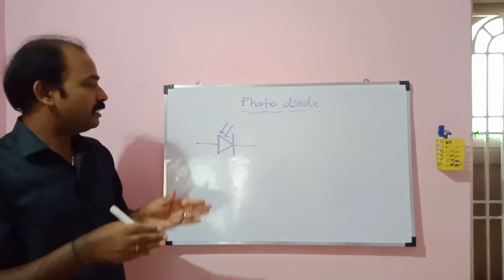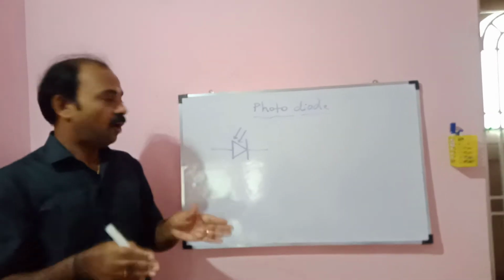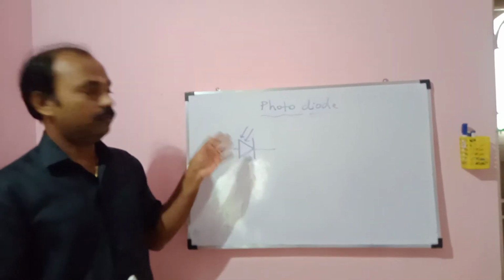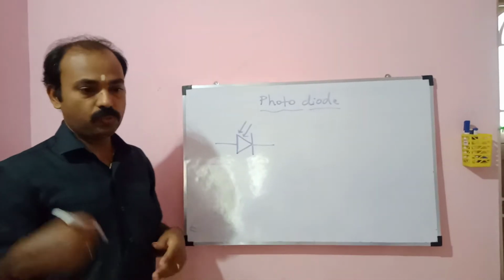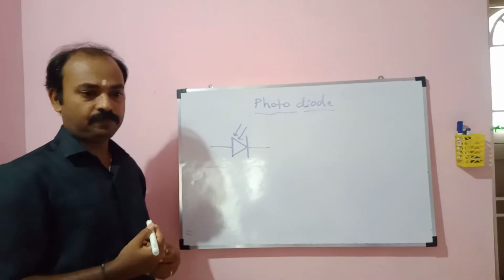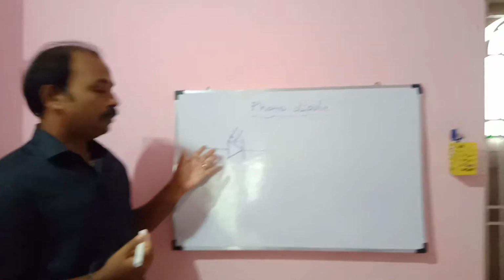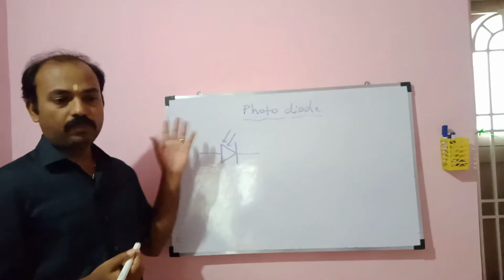The light is allowed to fall on the junction of the photodiode, which converts the light energy into the corresponding electrical energy. So this is about the photodiode.